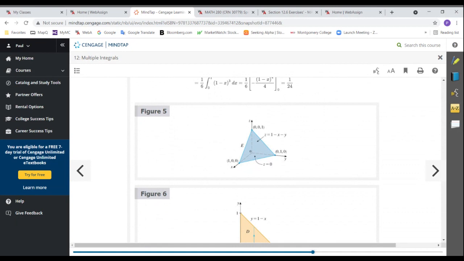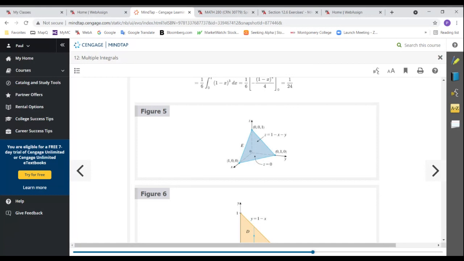And then the tetrahedron is bounded by the planes x equals 0, y equals 0. That would be the yz plane and the xz plane. So it's bounded on the side and the back, and that's your solid E. It's a solid.